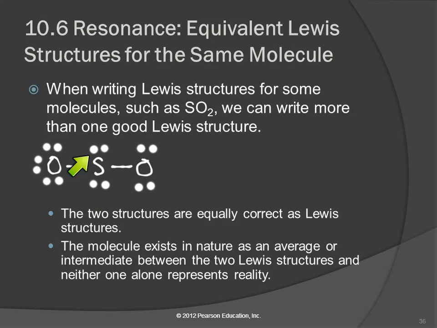So I'm going to take a pair of electrons from the sulfur and share with this oxygen that is not having an octet right now. This sulfur and this oxygen both have octets, but this guy doesn't. And we're doing ones that obey the octet rule, so everybody has to get their octet. I'm going to take those guys off and make a double bond.